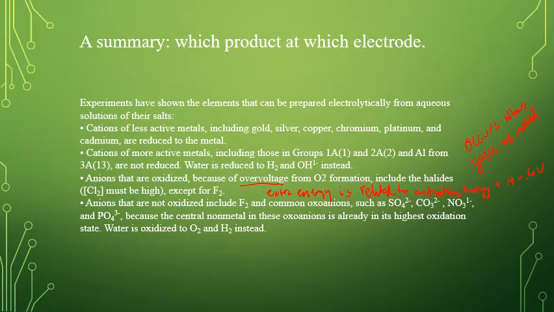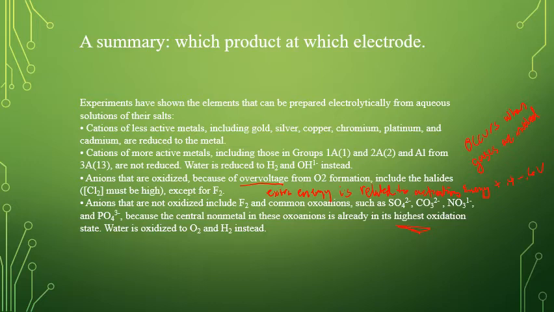So the anions that are not going to be oxidized include F2, and then your common oxo anions such as SO4 2-, CO3 2-, NO3 1-, and PO4 3-. And as I had mentioned previously when we were talking about the water electrolyzing, that's due to the fact that the central atom for those different polyatomic ions already has its highest oxidation state.